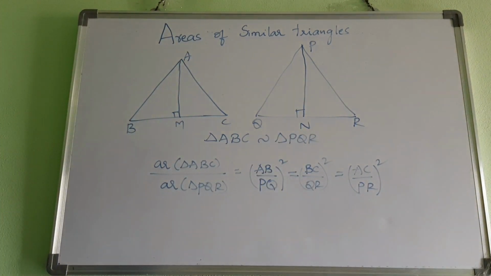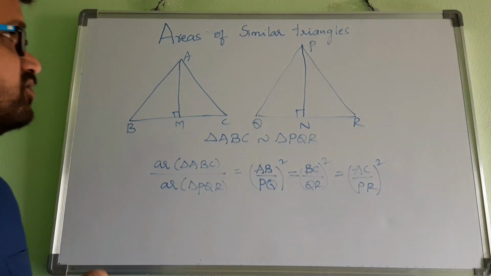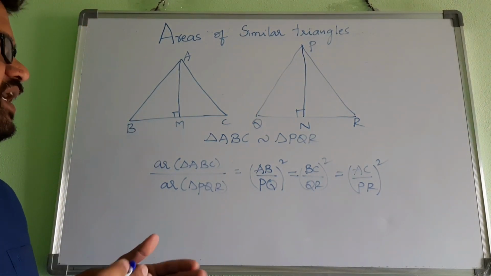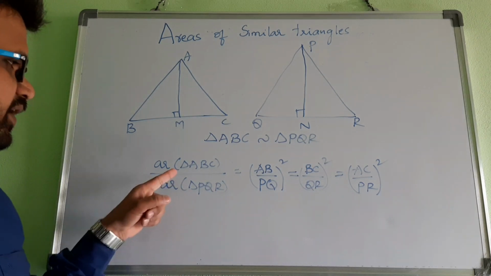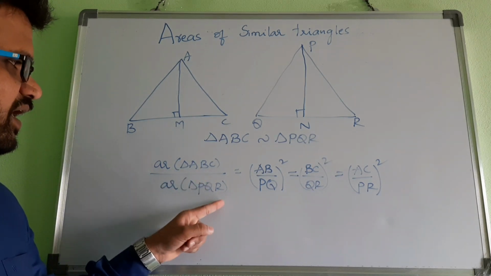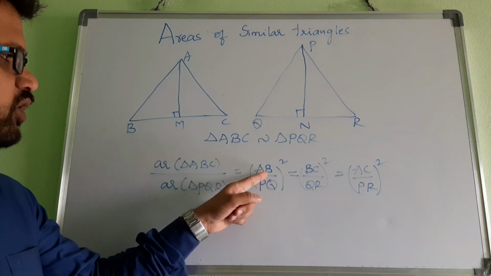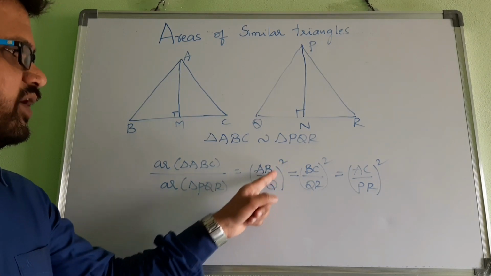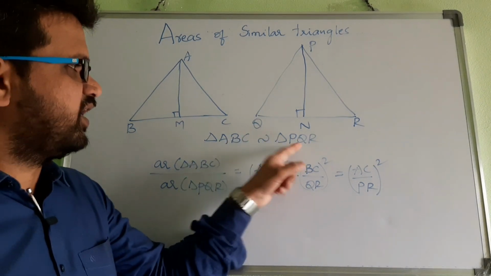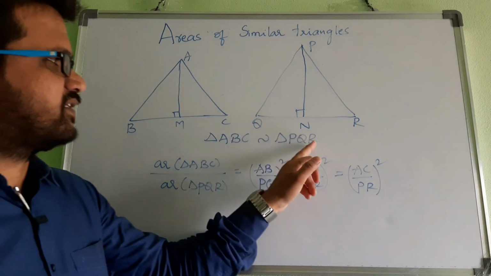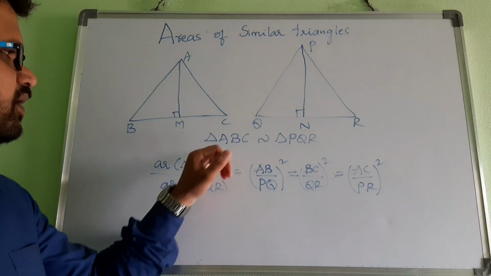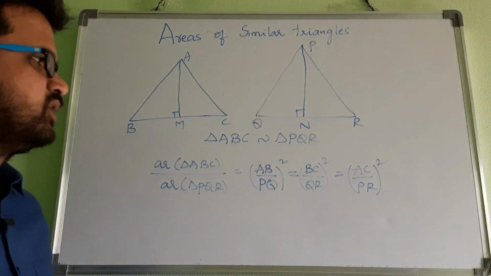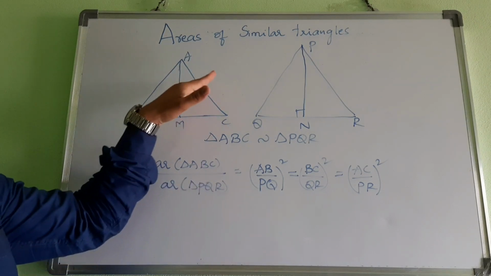This is the relationship between areas of similar triangles and their corresponding sides. Ratio of the areas of two similar triangles is equal to ratio of the squares of their corresponding sides. AB is corresponding to PQ, BC is corresponding to QR and AC is corresponding to PR.